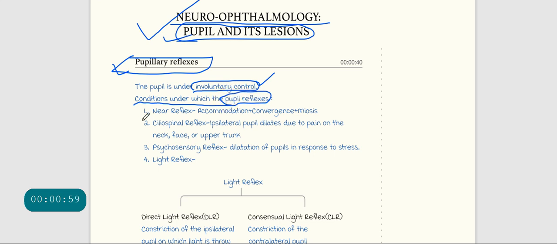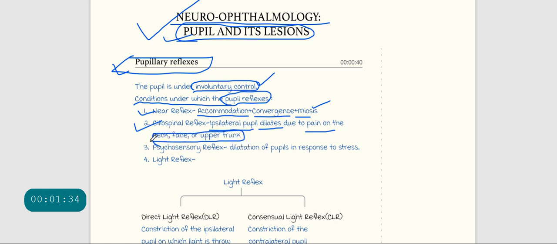The first condition is the near reflexes, which we have discussed in our earlier videos, so you can refer to those. In great detail, we have discussed accommodation, convergence and miosis. Beginning with the ciliospinal reflex: the ipsilateral pupil dilates due to pain on the neck, face or the upper trunk.